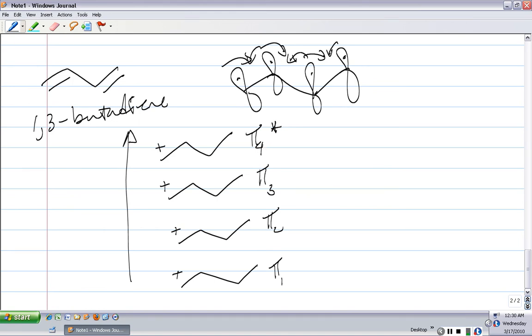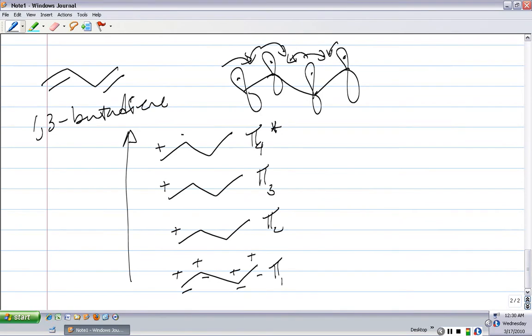In other words, clearly pi 1 has to be bonding. In fact, if pi 1 is the lowest energy orbital, it has to be bonding, which means it must have been formed by in-phase overlap. So I can go ahead and say there's a plus, plus, plus, plus for pi 1. For pi 4 star, it's going to be completely scrambled. It'll alternate.